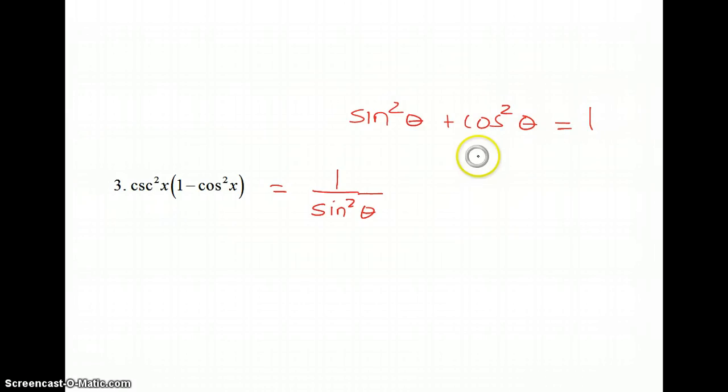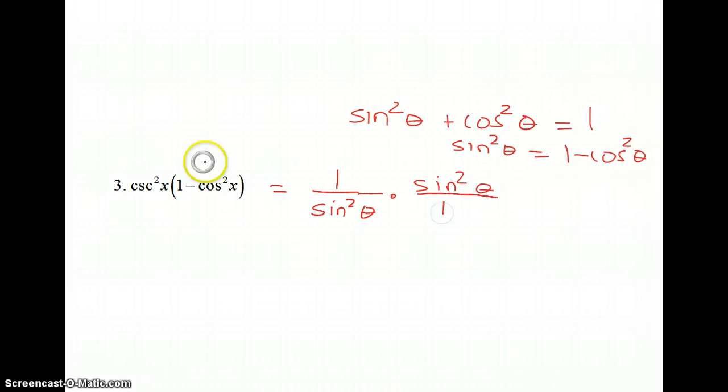So if I rewrote this, okay, if I moved this over there and made it negative, I would have sine squared of theta equals 1 minus cosine squared of theta, right? So this can be replaced by this. So I'm going to multiply this times sine squared of theta. And I like using theta, but I could use x like I really used in the example there. So what's going to happen? These are going to cancel out, and the answer is just 1.